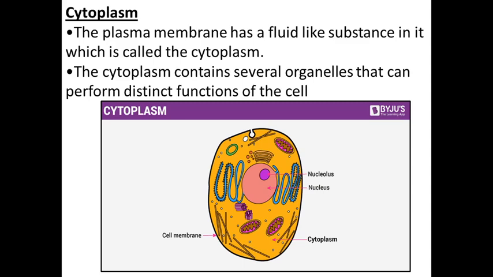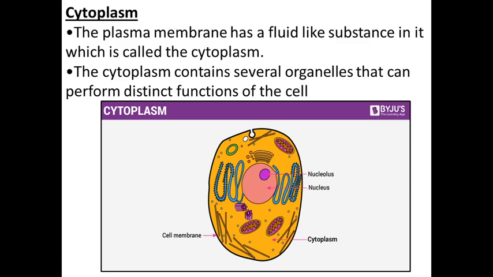So this is the structure of the cytoplasm, and what are the functions? The main function of the cytoplasm is giving the cell its shape and volume. Another is that it contains organelles.